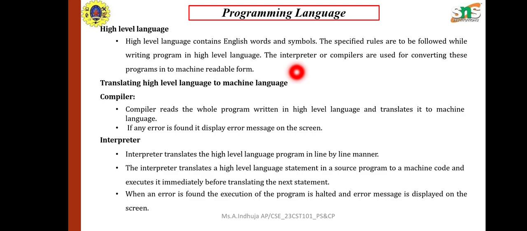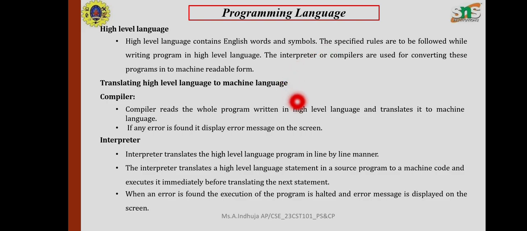Whereas the interpreter converts line by line instructions into machine code, that is zeros and ones. It will read a line and convert it into zeros and ones, then read the next line and convert it to zeros and ones. But the compiler will create zeros and ones for the entire program in one stretch.